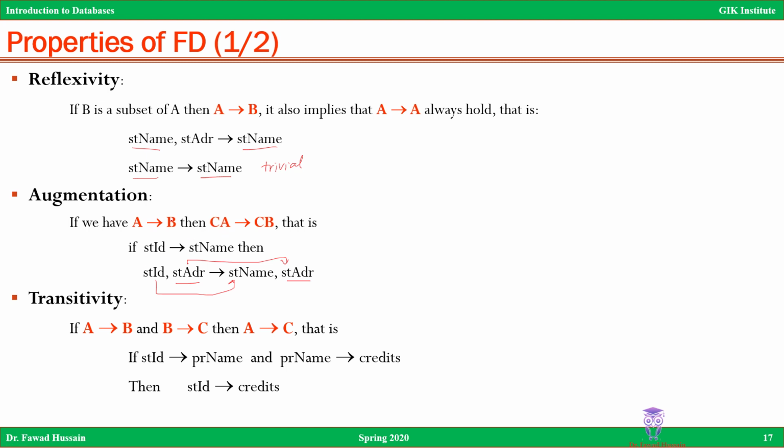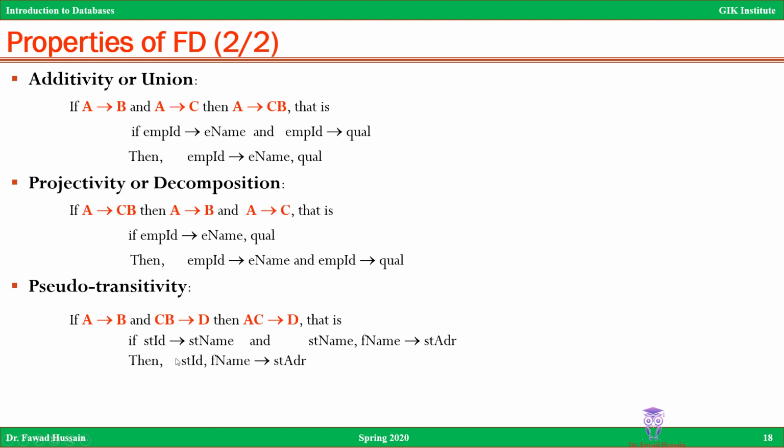If I had A implies B, I can add C on both sides, so CA implies CB. Then we have transitivity, which means that if A implies B and B implies C, then A implies C. So if student ID implies the project name and the project name implies the credits, then we can say that the student ID implies the credits. So this is also possible.